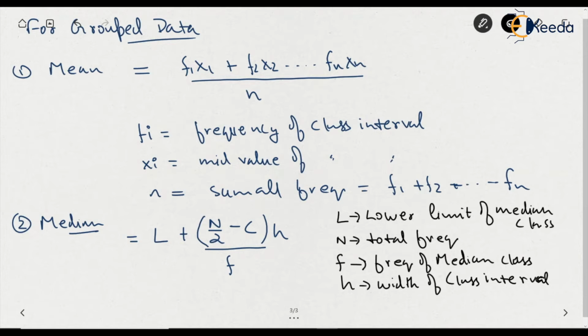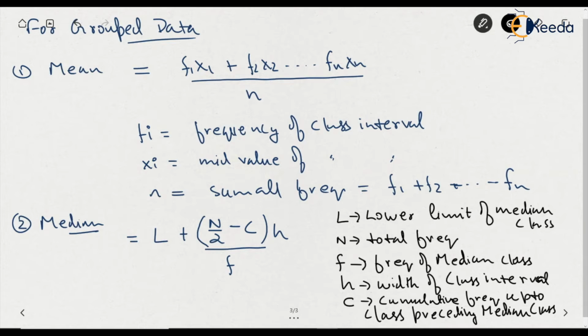And next is C. This is the cumulative frequency up to the class preceding the median class.